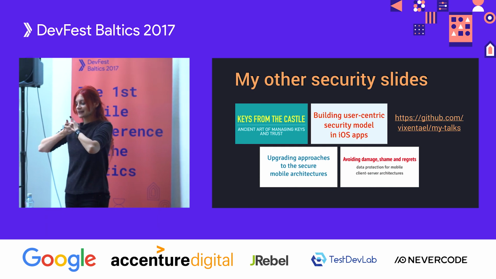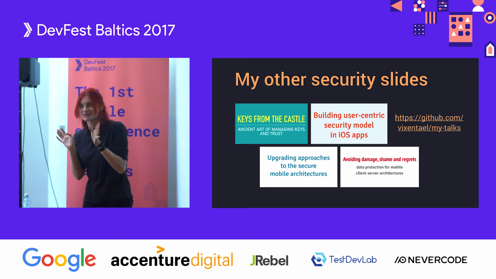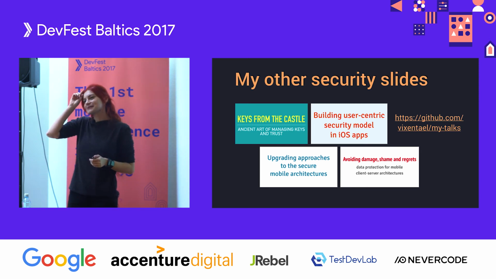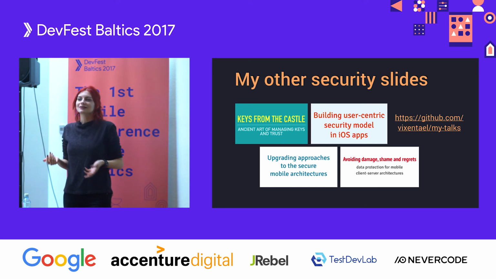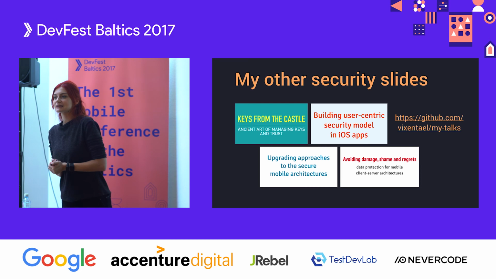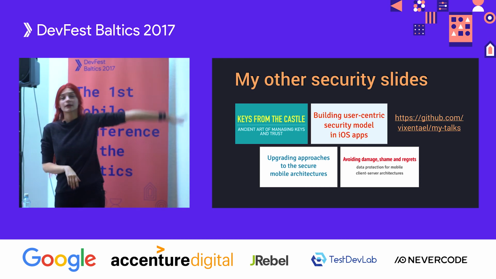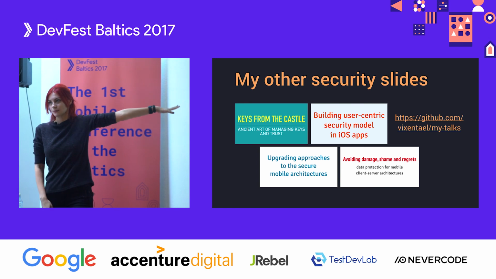If you feel that this talk was too complicated for you, maybe you have this feeling, or if you want to dig into code, if you want to read some more practical examples for your current everyday life, you can check my other talks.